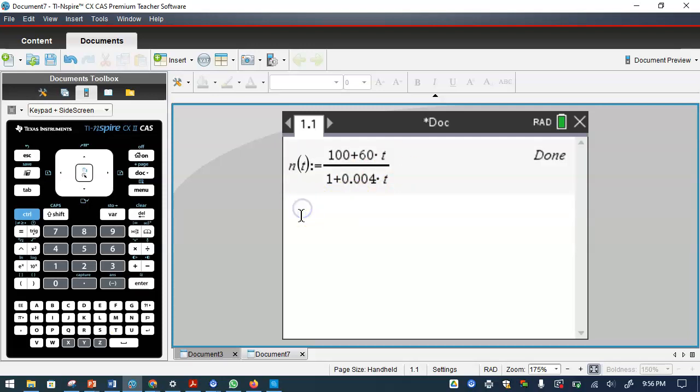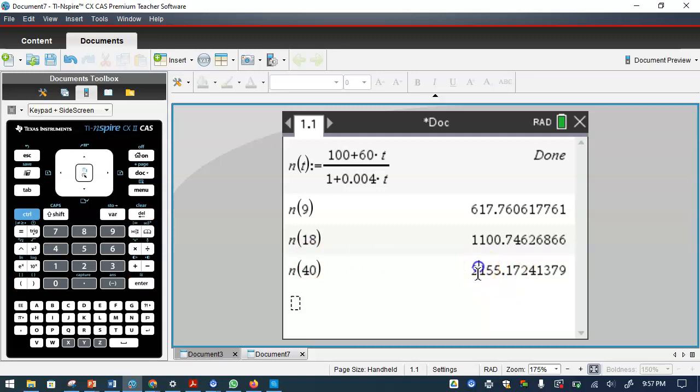Now suppose they ask you for 9 years, you just type in N, open parenthesis, 9, and you get the answer, almost 617 deer after 9 years. If you put maybe 18 years, you get this answer, and if I put 40, the population is 2,100. So the population goes on increasing.